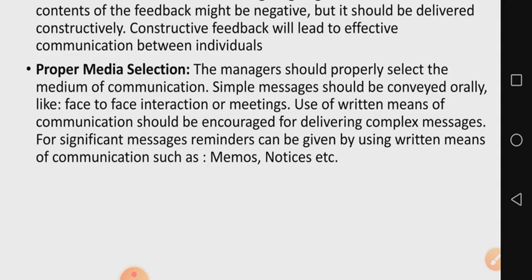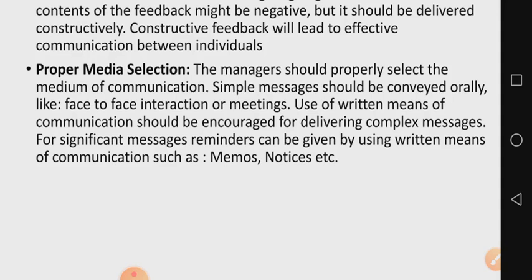So when you communicate, you should think beforehand what the most appropriate media will be. If you have to convey something to your parents or your friends, choose the proper channel by which you will communicate to them.